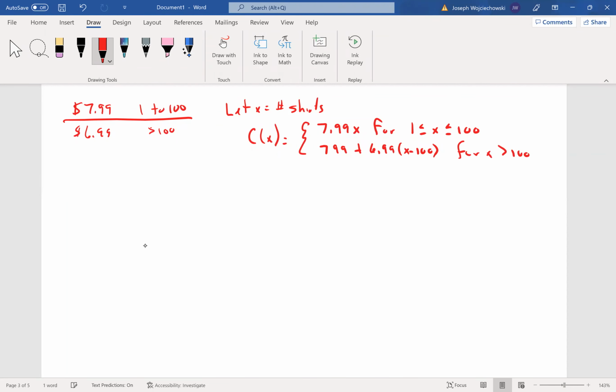So what we're looking at here is we bought 100 shirts, so we have $799. Then for every shirt over 100, we're charged $6.99. So whatever X is, say 150, we subtract 100 from that because the first 100 are right here. So then we get 50 times $6.99. And that's how that works.